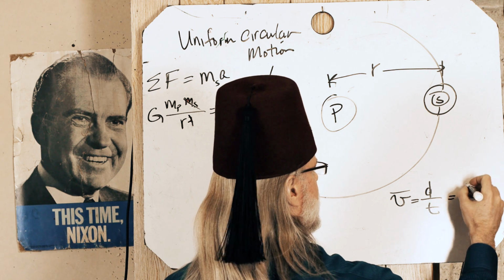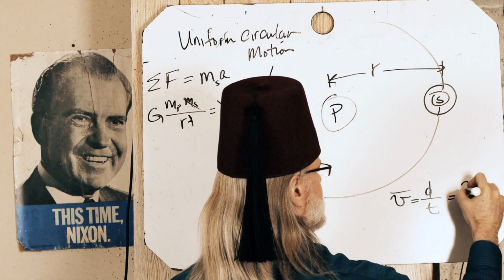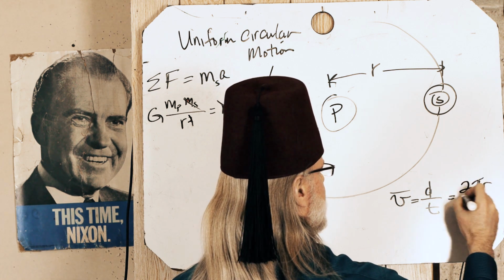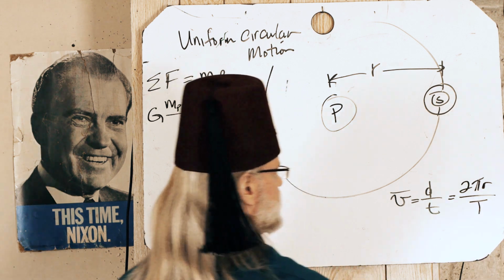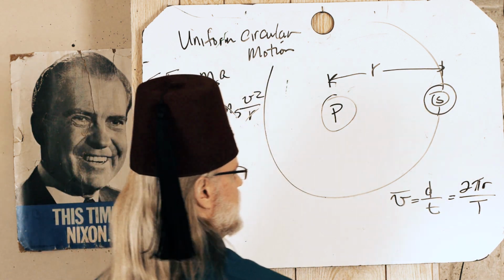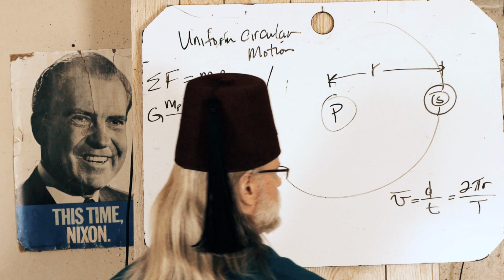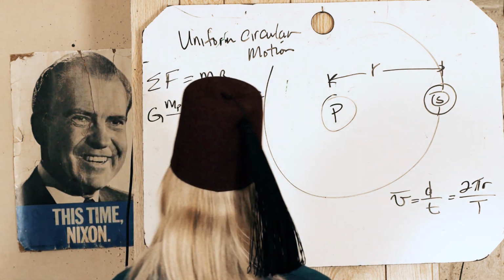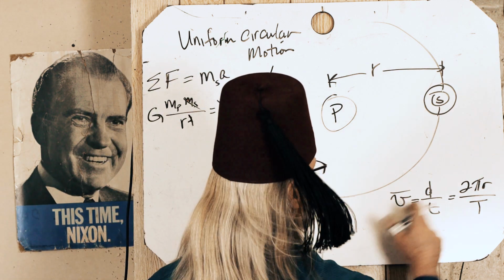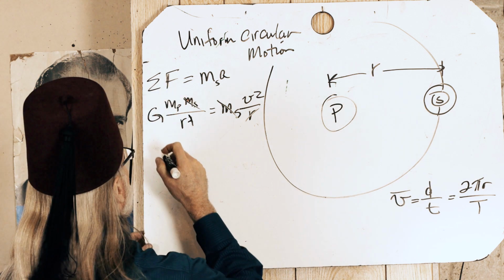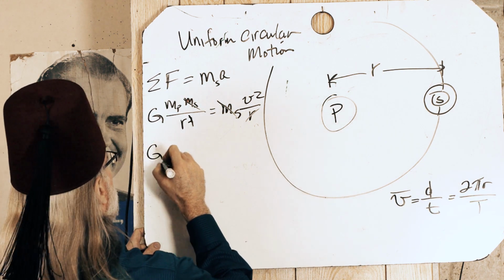So anyways, in circular motion, the distance around a circle is 2 pi r, and the time to go around once is defined as the period. So the speed equals 2 pi r over capital T. All right, well, let's substitute that in here, and we'll get this relationship.